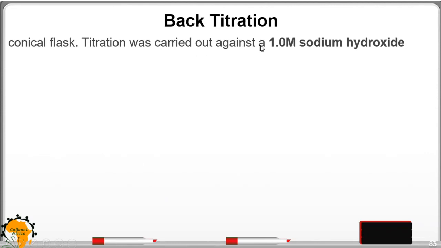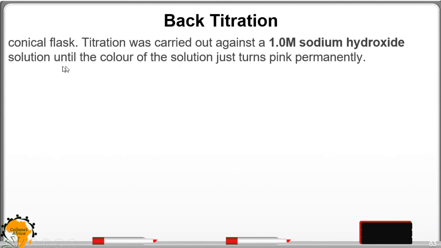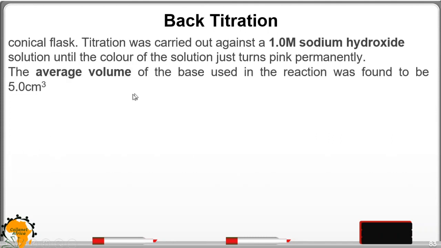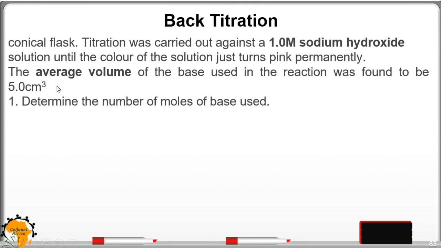Titration was carried out against 1 molarity sodium hydroxide solution until the color of the solution just turned pink permanently. The average volume of the base used in the reaction was found to be 5.0 centimeters cubed.